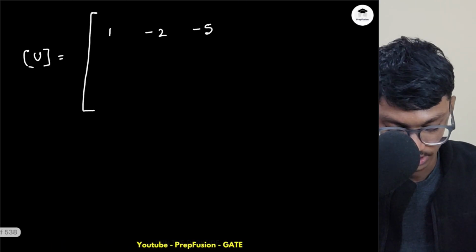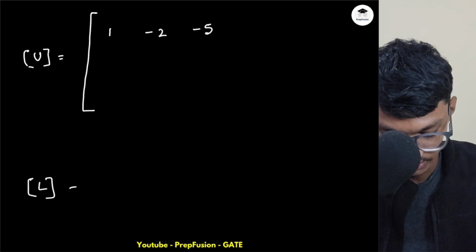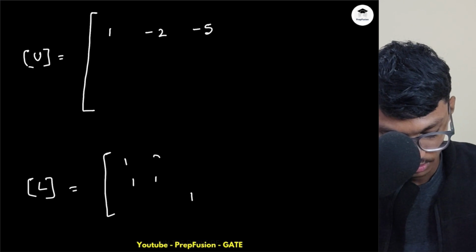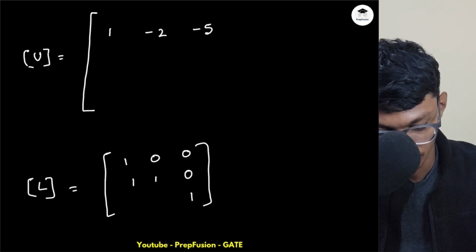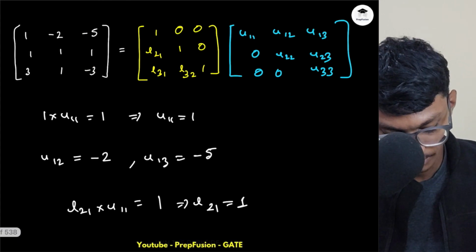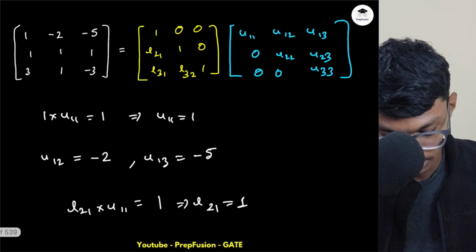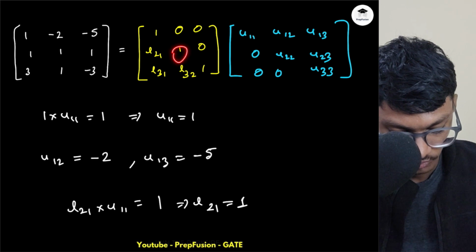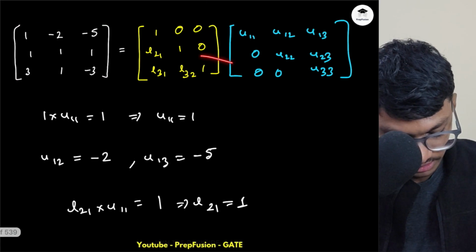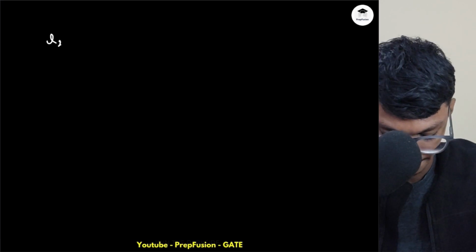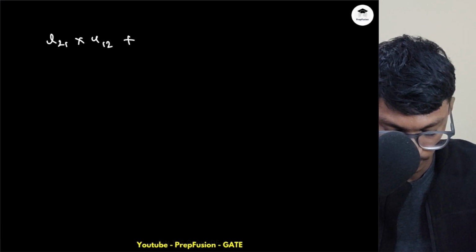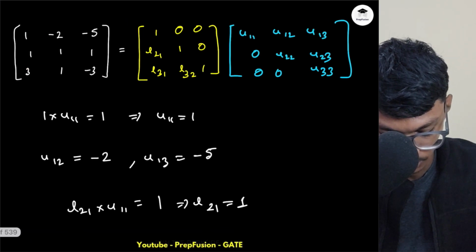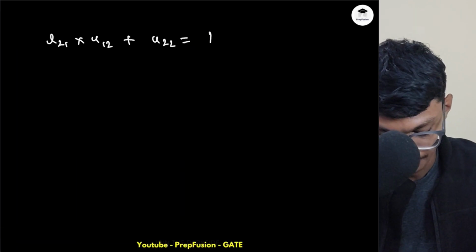So now I will start writing my lower triangular matrix as well. The leading diagonal elements are all 1. Now L21 is equal to 1, and this is 0, 0 and 0. Okay, so yeah, this is fine. Now let's go for the next equation. Here, second row into second column: L21 into U12 plus 1 into U22, and everything else is 0, equals 1.